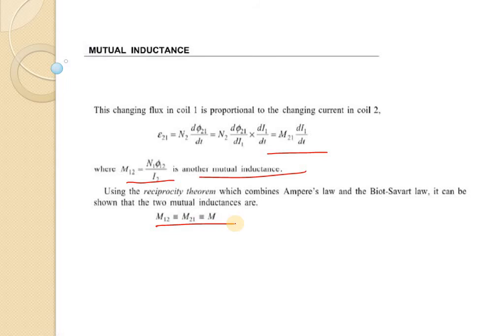So it will be M21, and the number of turns will be N2 because it links the second coil. So it is N2, and the flux will be phi21 divided by the current for which it is created, which is I1. Similarly, it will be just opposite for coil 2.